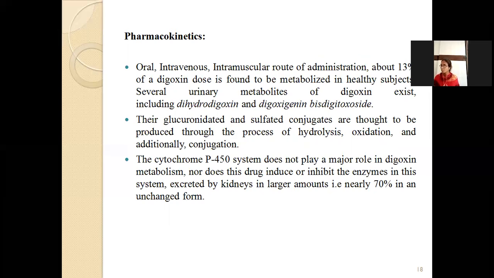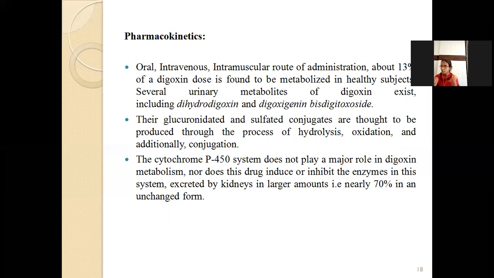These are the metabolites, and their glucuronide and sulfate conjugates are thought to proceed through hydrolysis, oxidation, and conjugation processes.